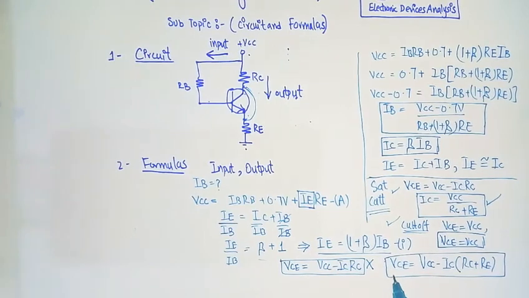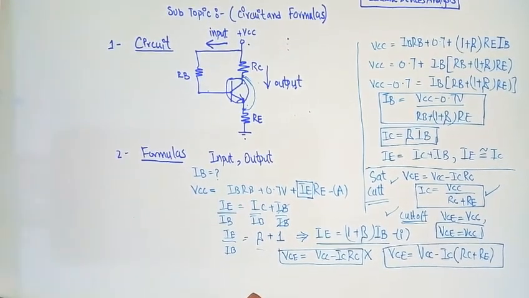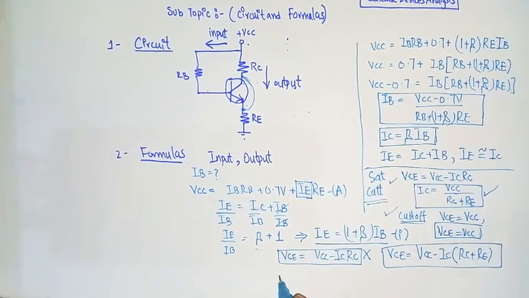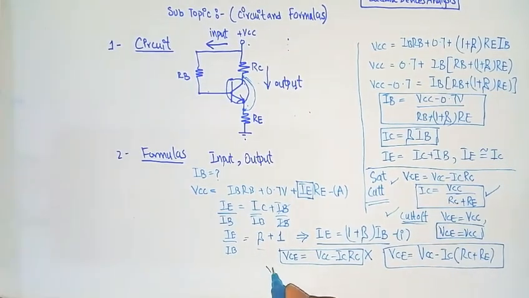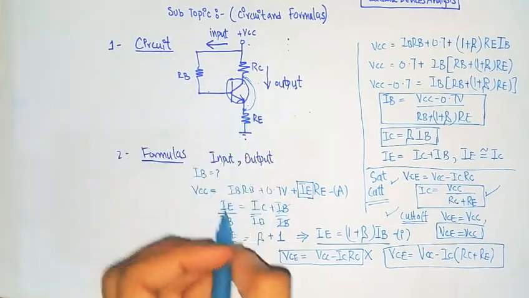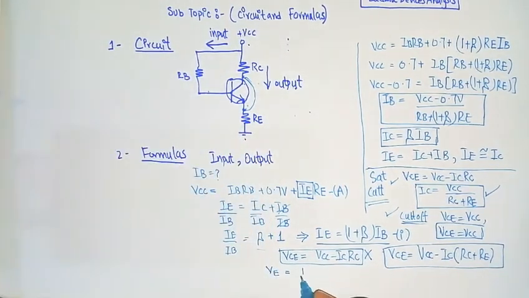Or you can find VE: the emitter voltage will simply be equal to IE into RE, and you can find VBE, which is fixed at 0.7 volts.